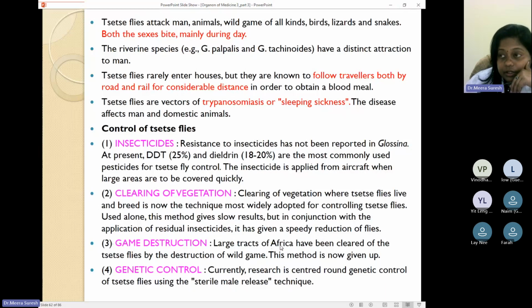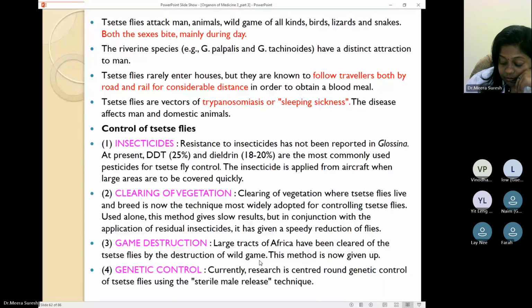Earlier, in Africa, they used to clear larger tracts or larger forest areas of Africa to control or clear the tsetse flies by the destruction of the wild game.